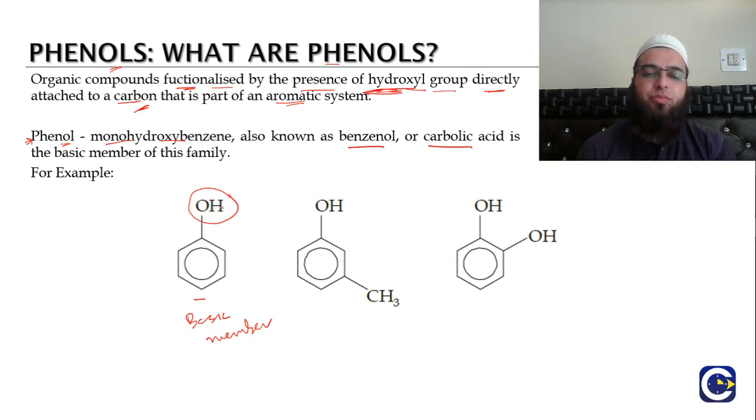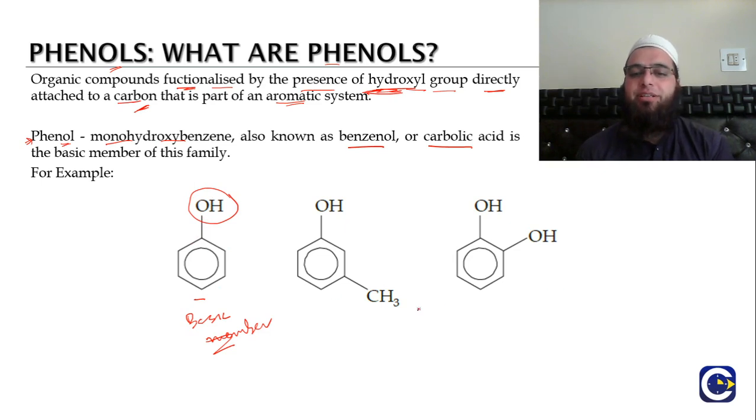Phenol is not this single compound. When we talk about phenols, it is the whole class of organic compounds in which the hydroxyl group is attached to an aromatic system. In phenol itself, which is the basic member of the family, the hydroxyl group is attached to a benzene ring.